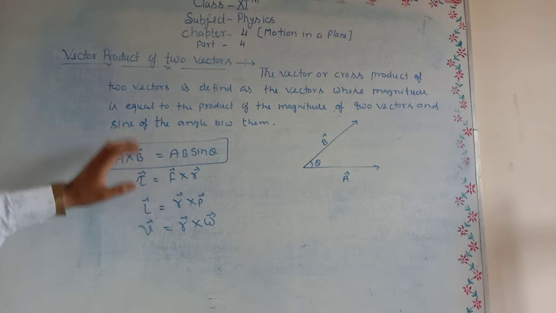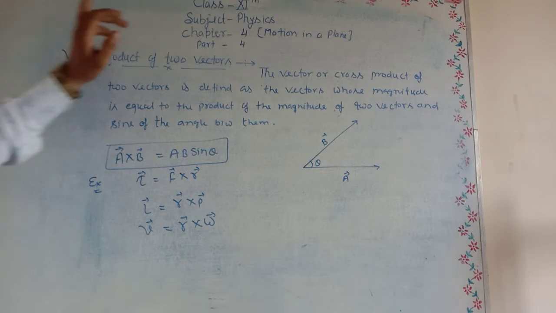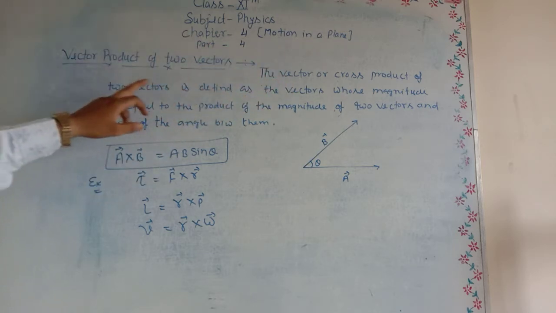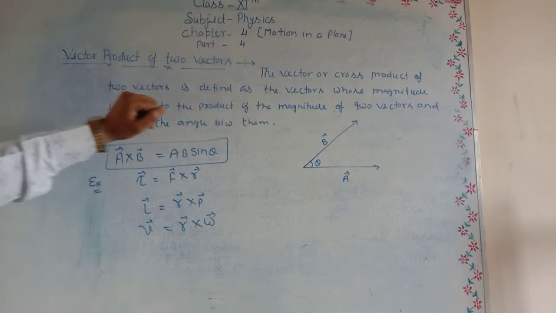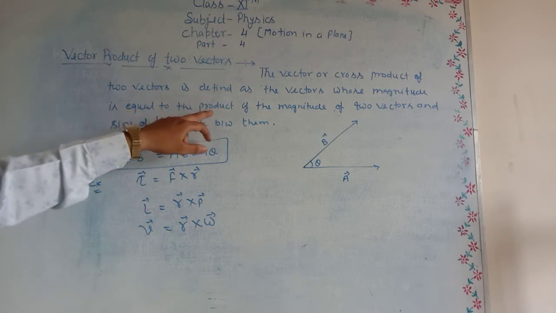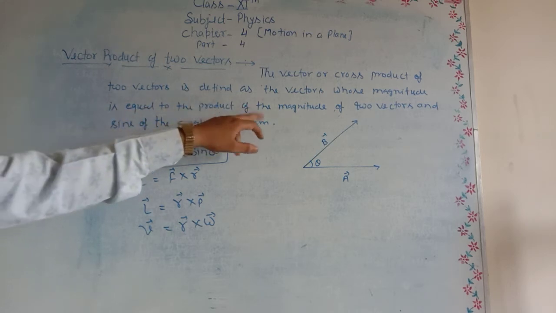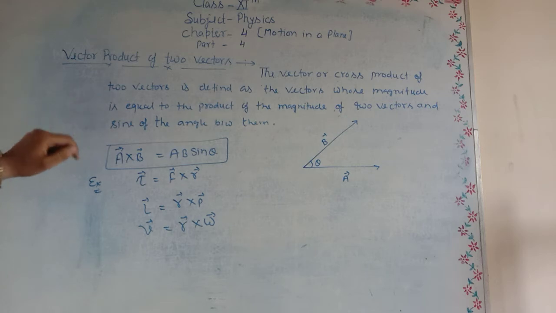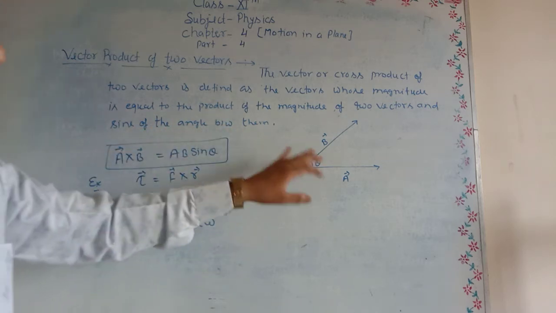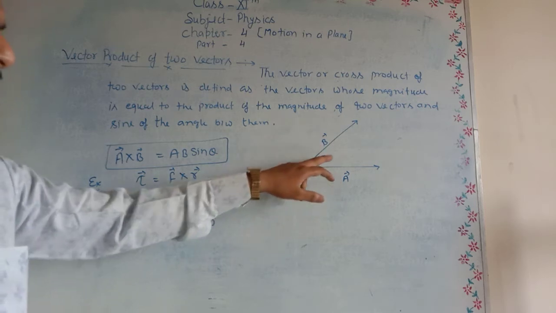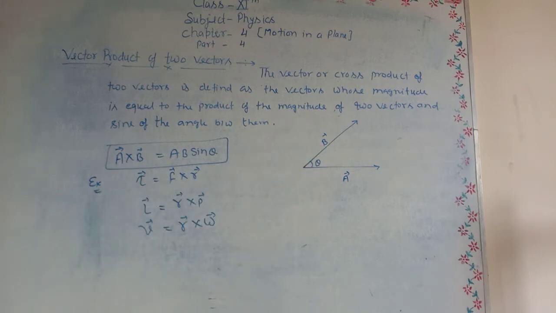So dear student, again the vector product of two vectors is defined as the vector whose magnitude is equal to the product of the magnitudes of the two vectors and the sine of the angle between them. Let us consider two vectors, vector A and vector B, and theta be the angle between them.